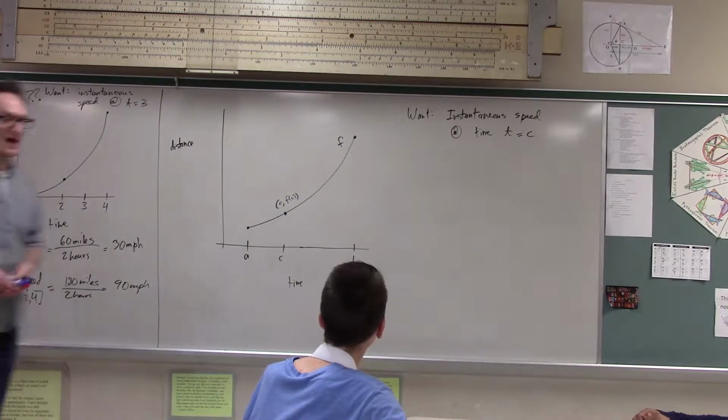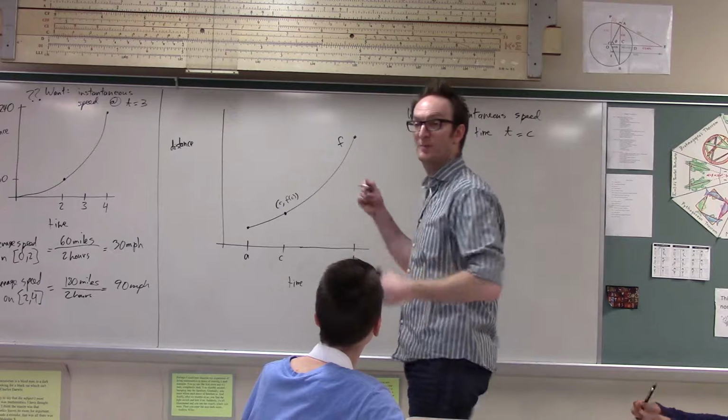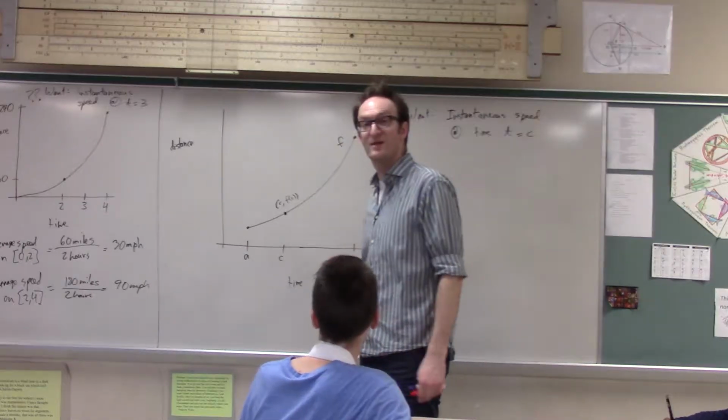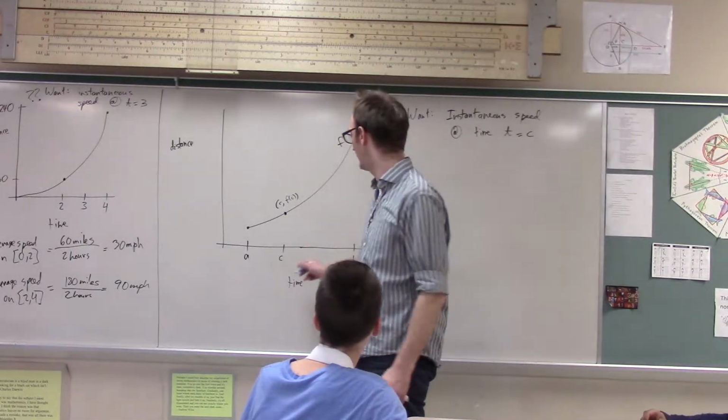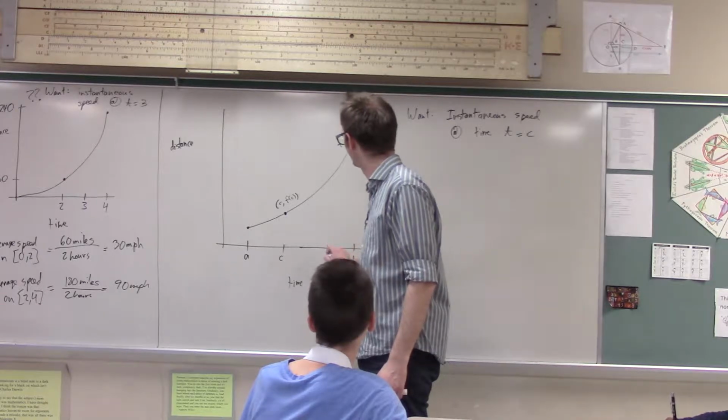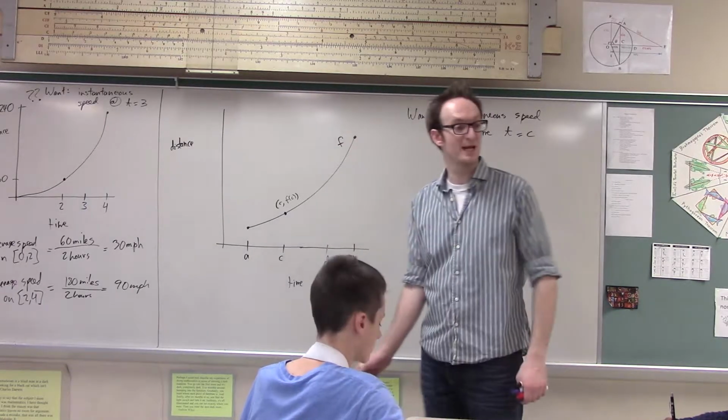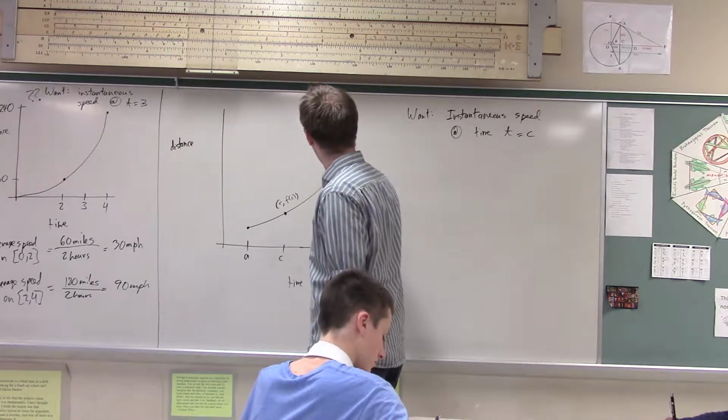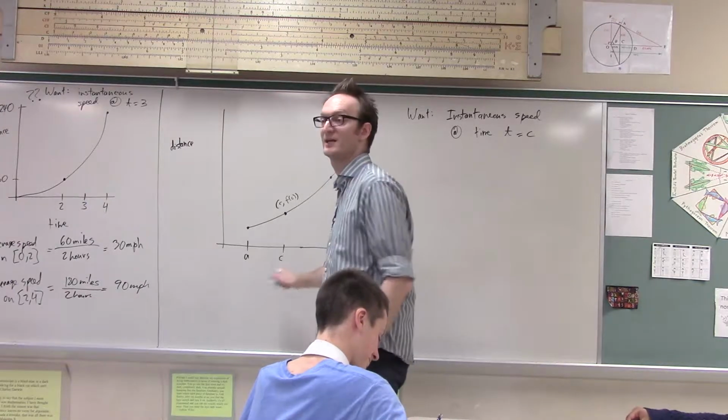So what we will do now is we will pick another point, not that far away, very, very close to c, picture not to scale. Pick a point D, which is very, very close to C, picture not to scale.